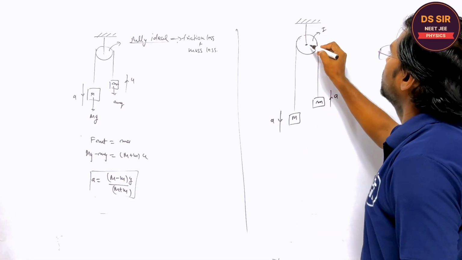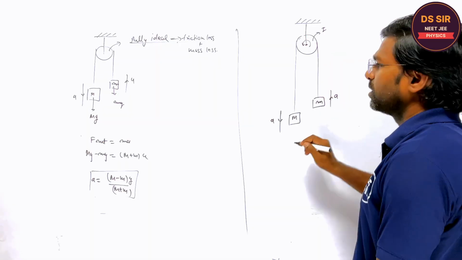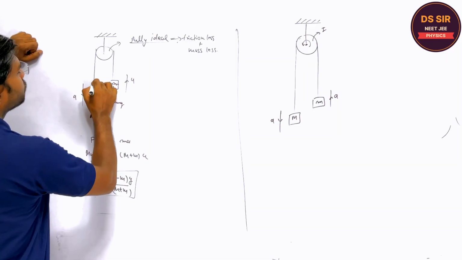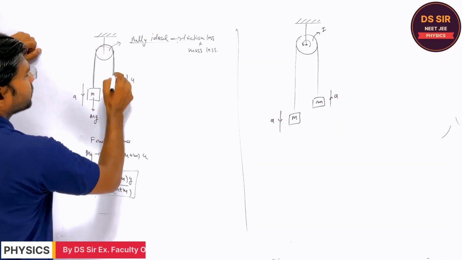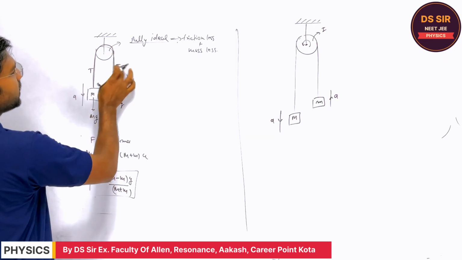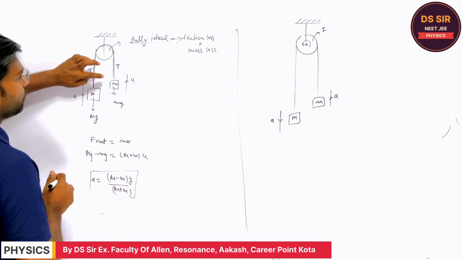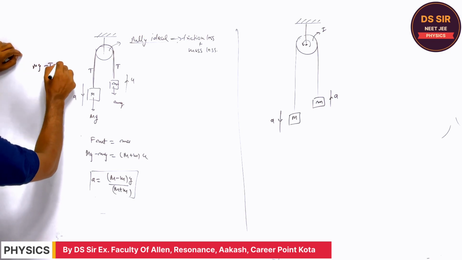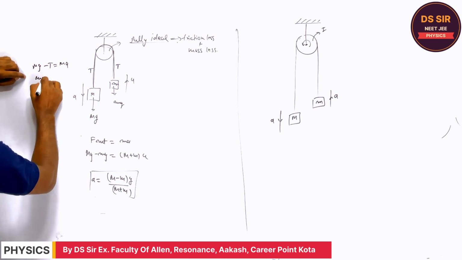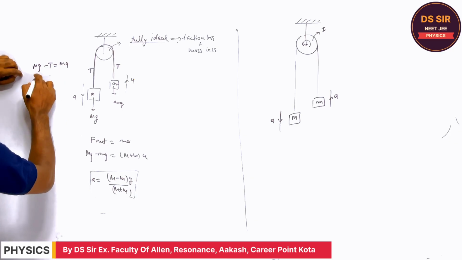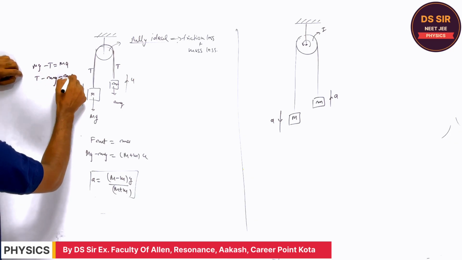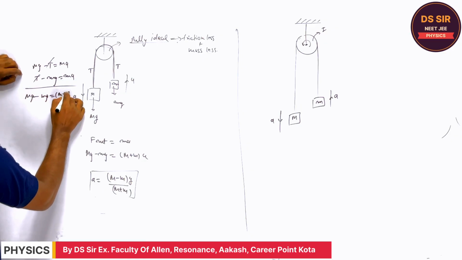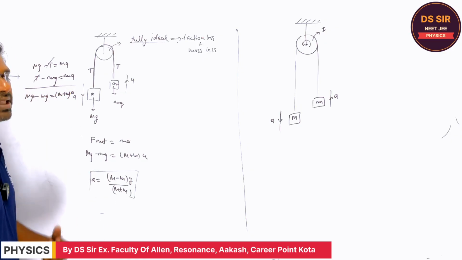Now you have to tell what the acceleration is and the tension in the string. Listen to this. In the earlier case, you assumed that there is one tension in the string, the same on both sides. There you applied Mg minus T equals Ma, and T minus mg equals ma, and when you simplified you got (M minus m) over (M plus m) into g as the acceleration.